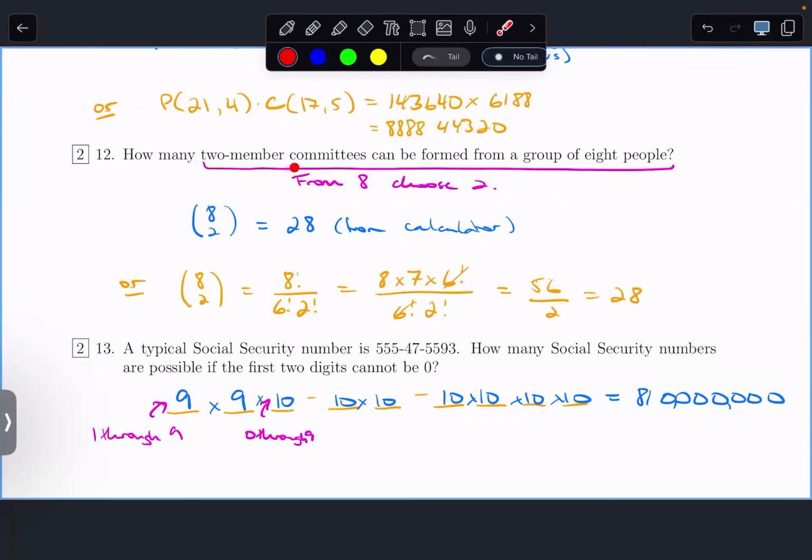How many 5-member committees can be formed from a group of 15 people? Well, as long as you recognize the sentence structure, that's 15 choose 5. Use your calculator, or you can do the math if you want. You don't really get extra points for doing the math, so just use your calculator.